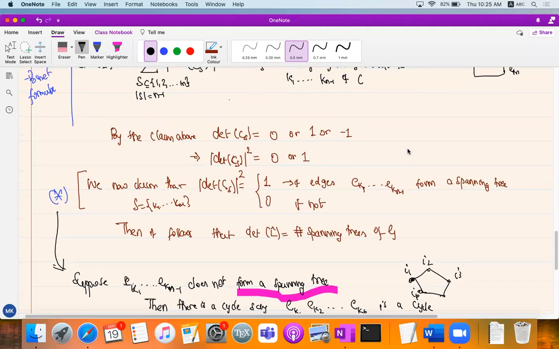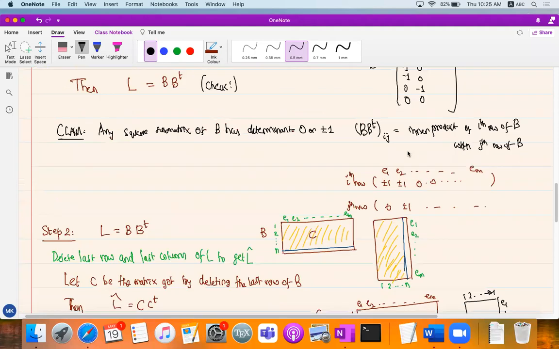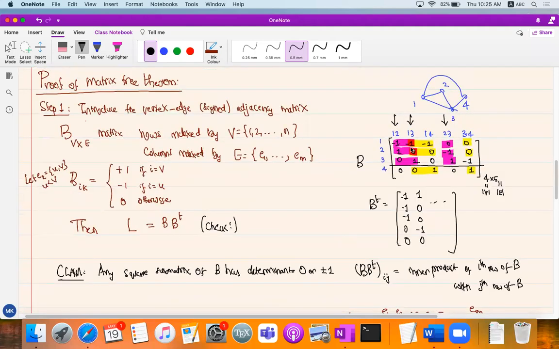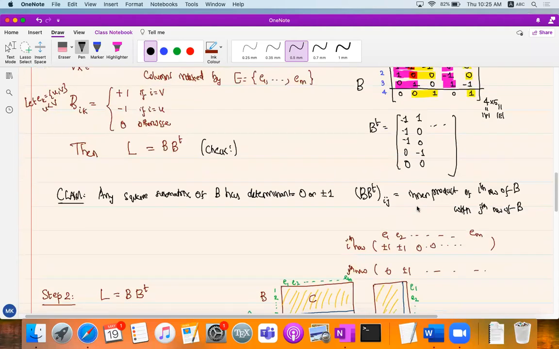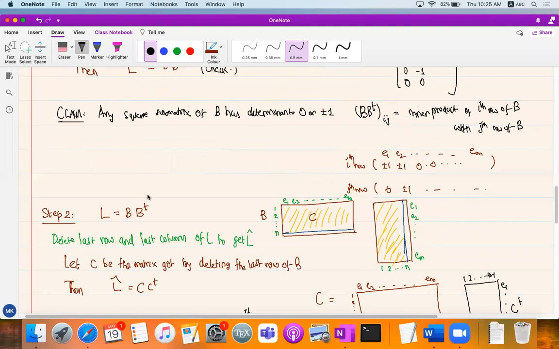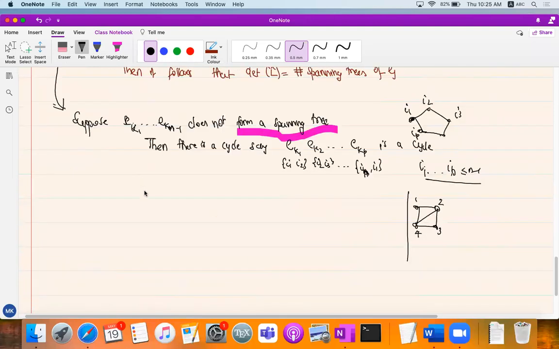And once you form a cycle somewhere, those corresponding columns will add up to 0.